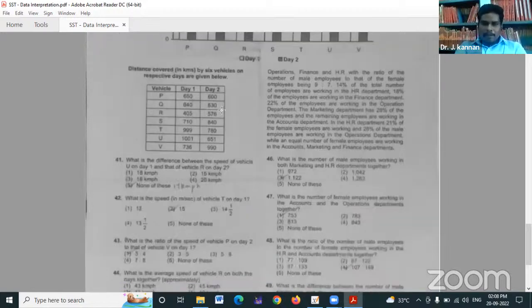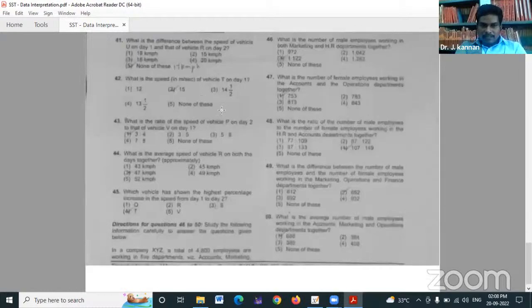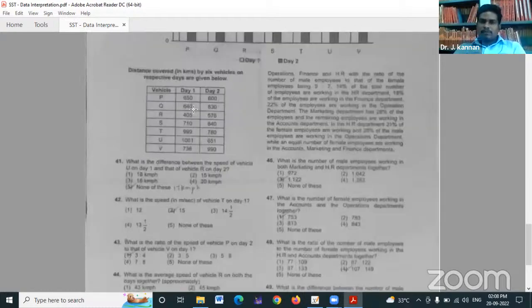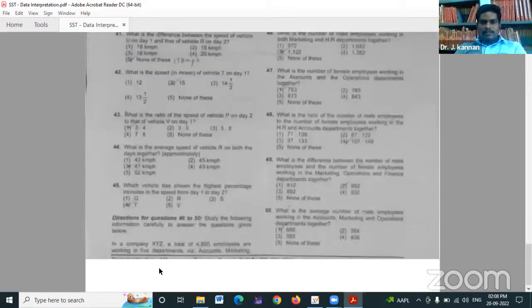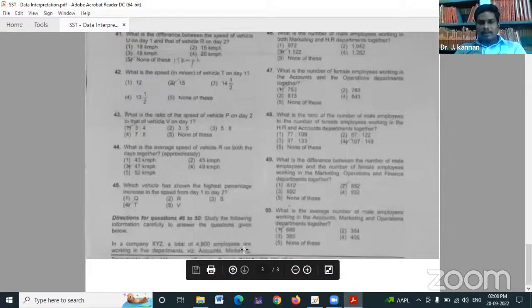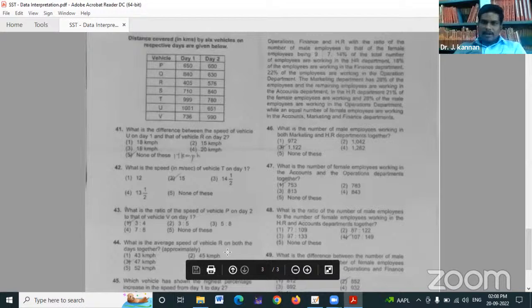So the next problem is clearly a paragraph problem. Actually, problem numbers 46 to 50 are paragraph problems. This type of problem: in a company XYZ, a total of 4,800 employees are working in 5 departments: accounts, marketing, operations, finance, and HR.